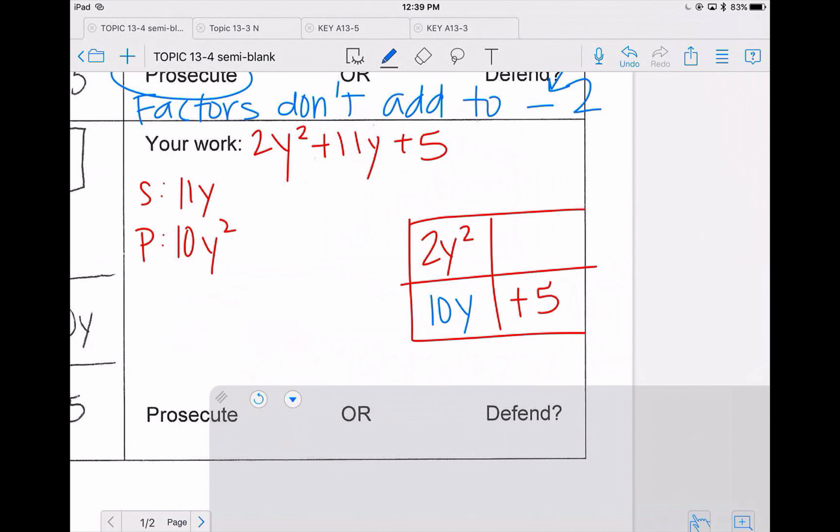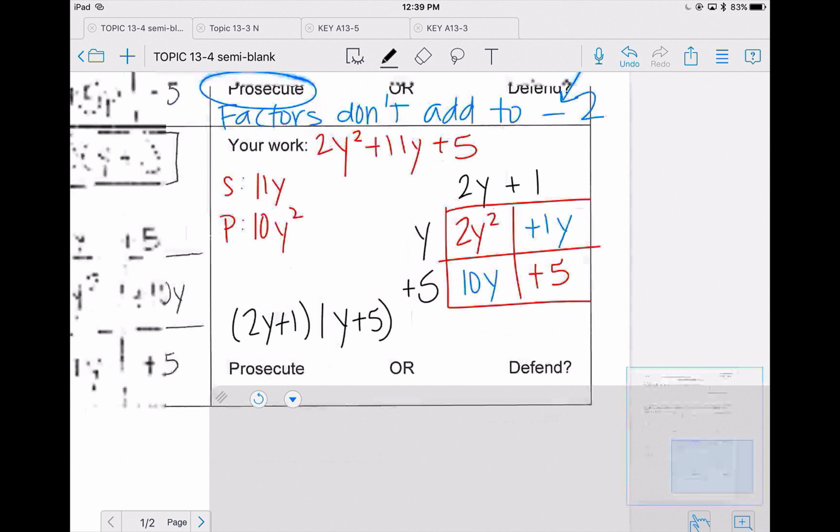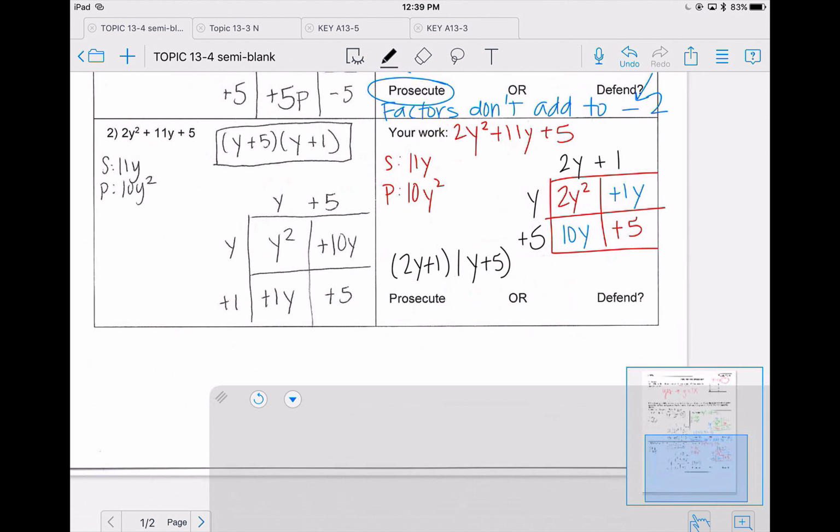So 10 and 1. From here I take out my GCFs, so 2y squared and 10y share 2 as well as a y. 1y and 5 do not share anything. 2y squared and y share a y. 10y and 5 share a 5. So my factors are 2y plus 1 and y plus 5.